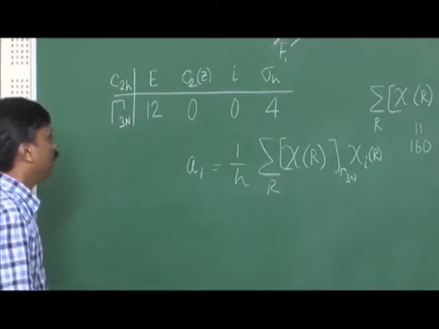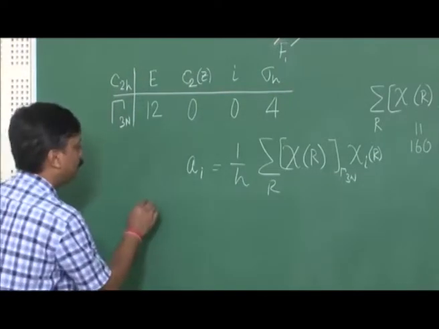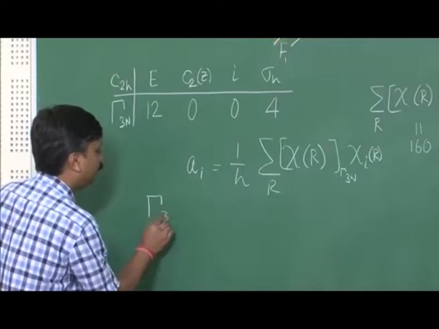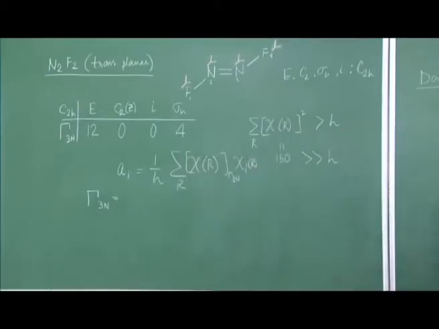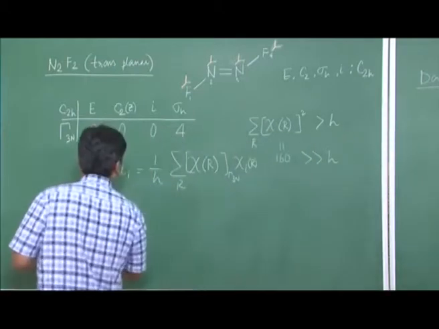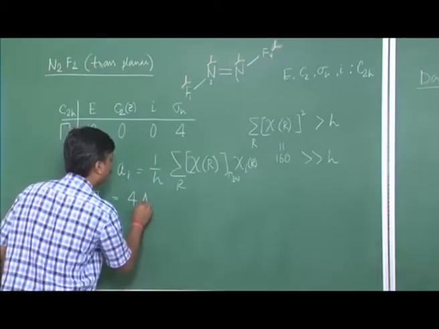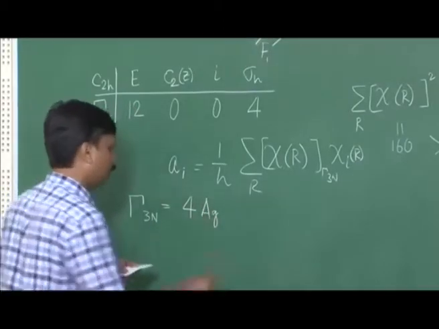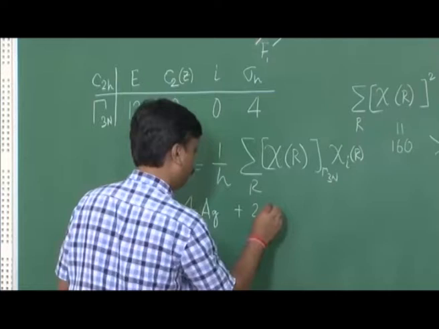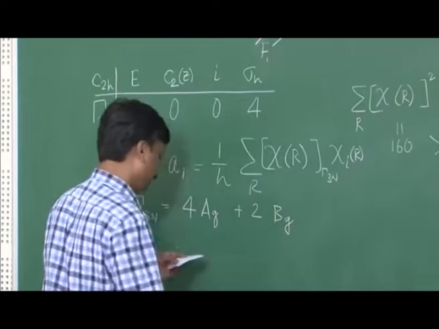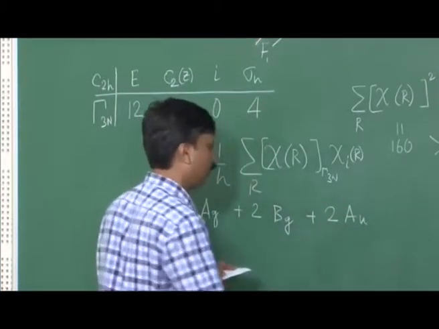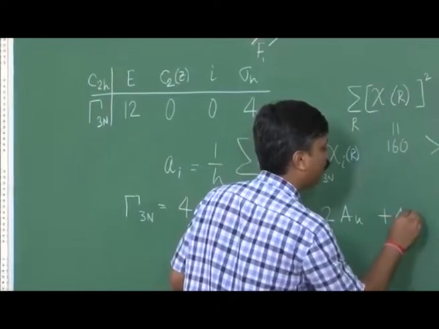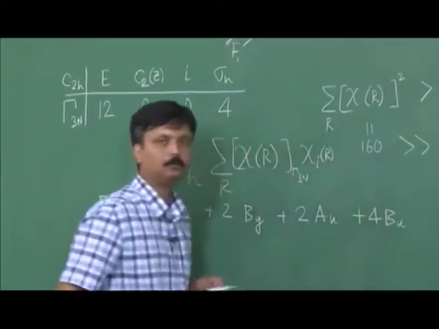So gamma 3n is equal to, we will not solve this explicitly, rather we will just give you the final result: 4 Ag plus 2 Bg plus twice Au, and Bu will occur 4 times.